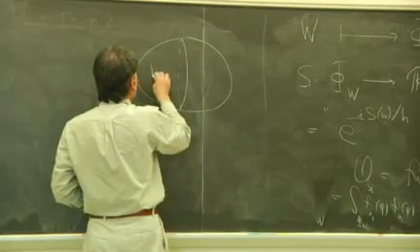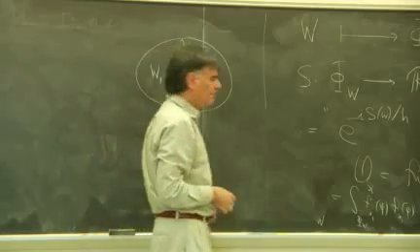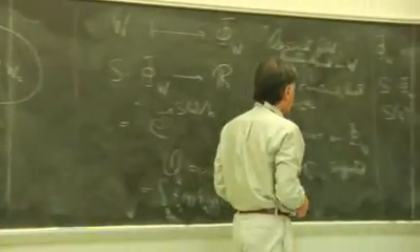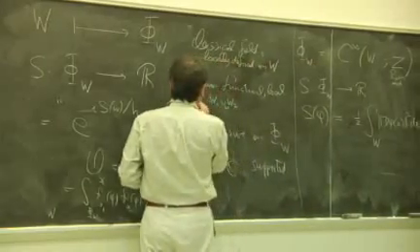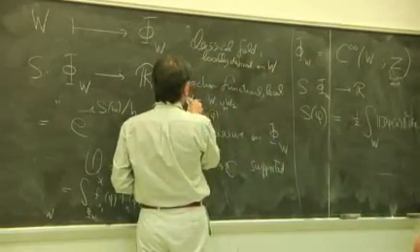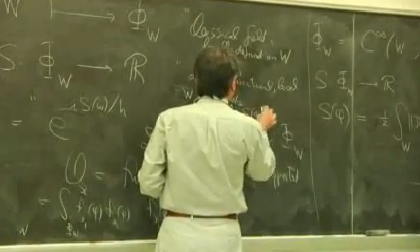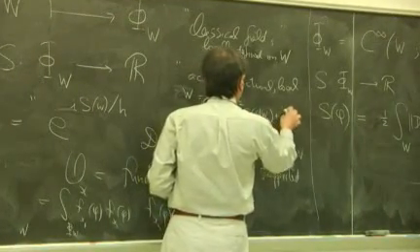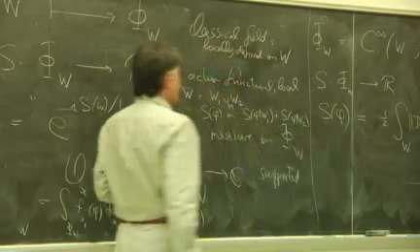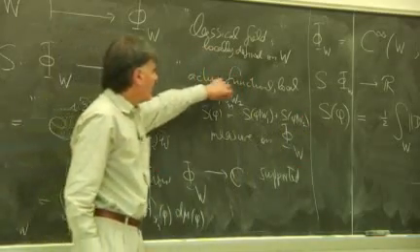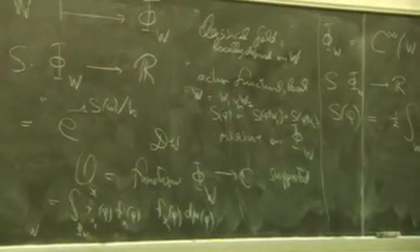Imagine we divide it into two along some submanifold M. Then this is meant to be local in the sense that S of phi being the field on this, is simply the sum of S of phi restricted to W1 plus S of phi restricted to W2. That the amount of action is just the sum of the contributions from each piece.